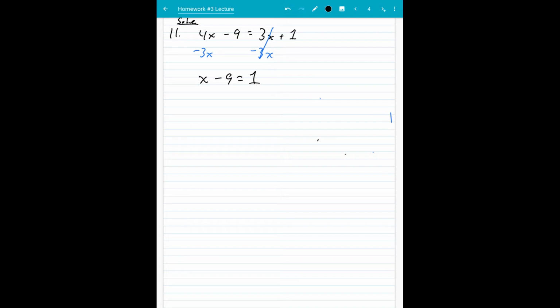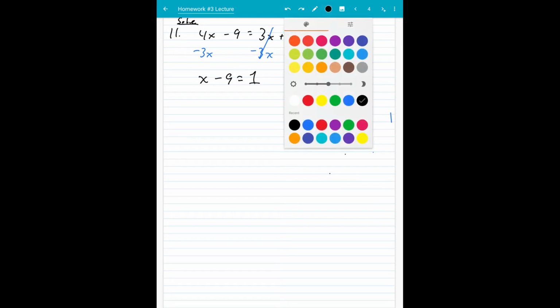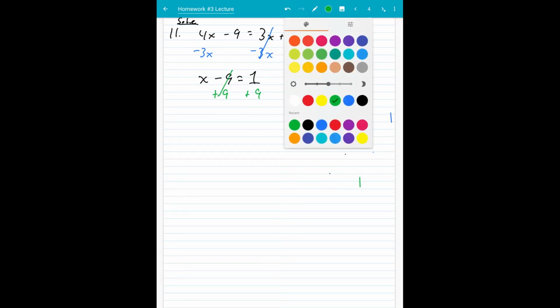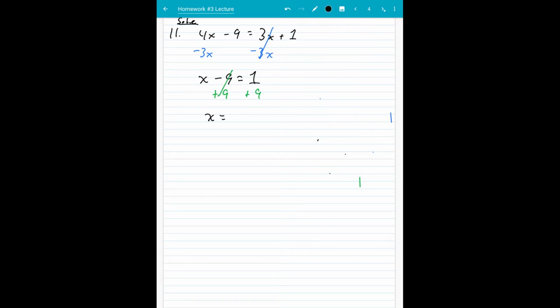Now we have the next step. What we did is we just performed one step. We currently have all variables on the left side, but the numbers aren't both on the right side. So we want to move the negative 9 to the right side. To move the negative 9, we need to add 9 on both sides. And this now becomes x equals 10.